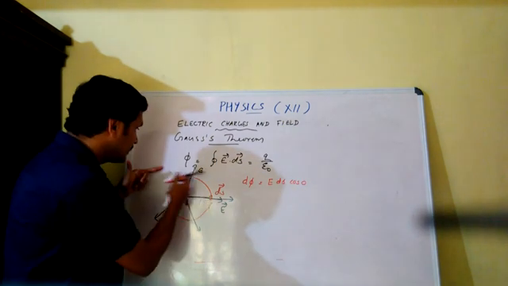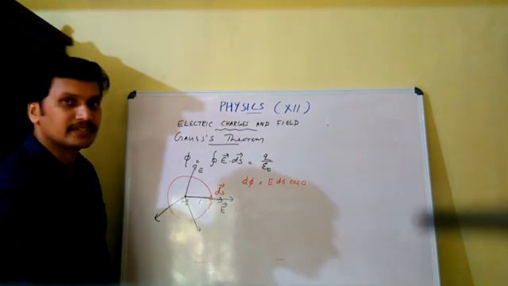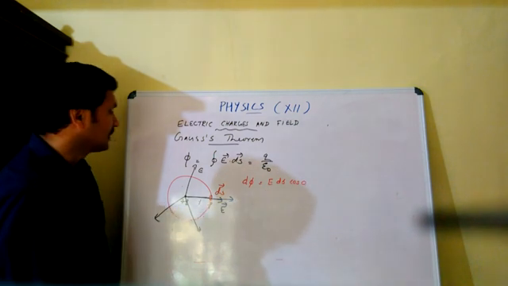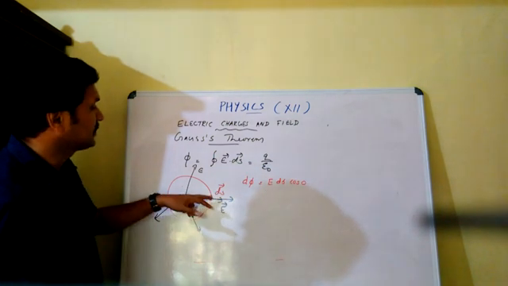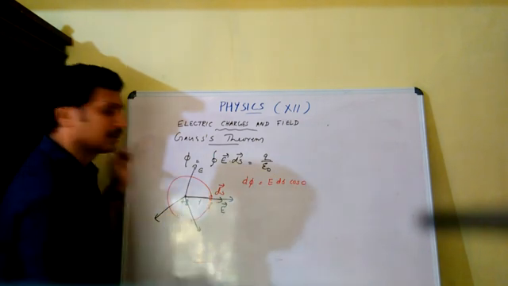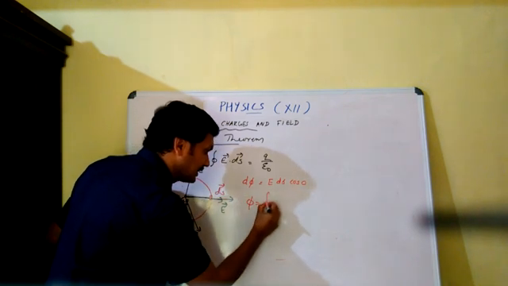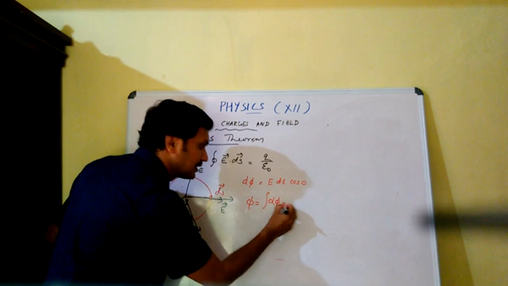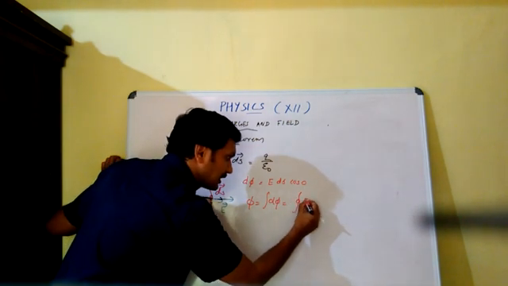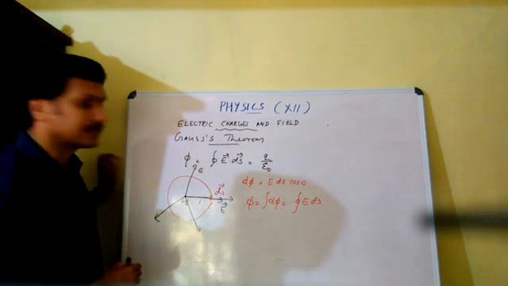Since all points are equidistant, E is symmetric, E is constant throughout the surface. So instead of finding the electric field at all such points, we can integrate. The small flux can be integrated: the total flux phi is equal to the integral of d phi, which is the surface integral of E into ds.